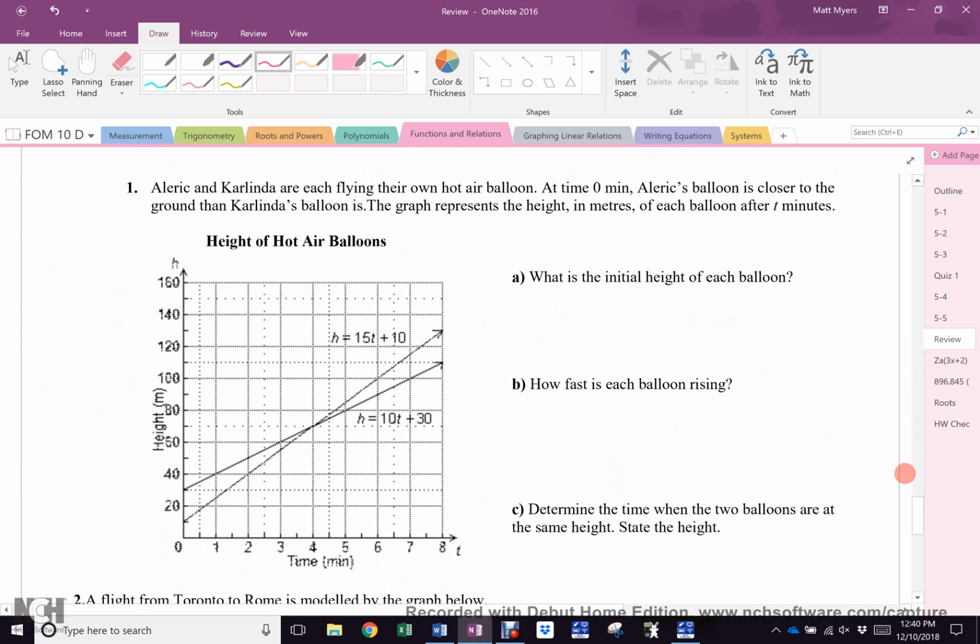There are 2 lines because there are 2 balloons. Alaric gets the pink line. Which is that? The top or the bottom? Yeah, the top one. This is Alaric.